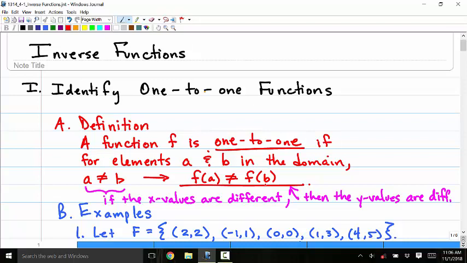A big thing, I'm going to reemphasize that, the y values do not repeat. Remember that in order to have a function, the x values couldn't repeat. Now in order for the function to be one-to-one, the y values can't repeat.